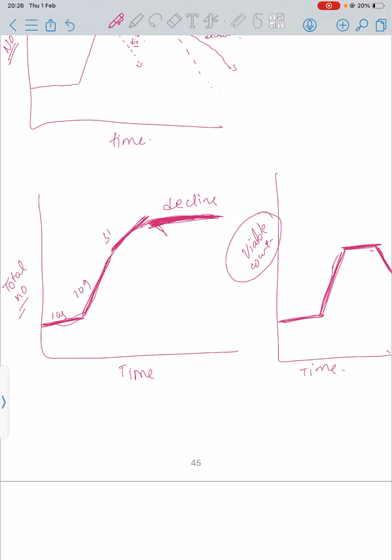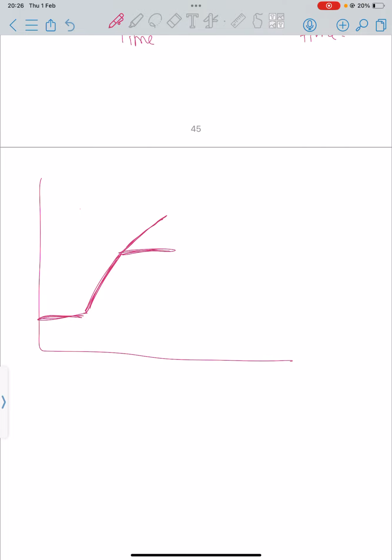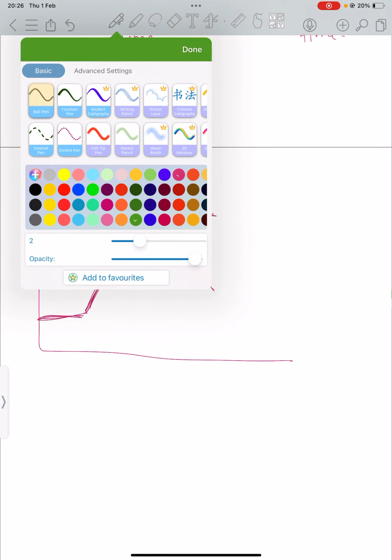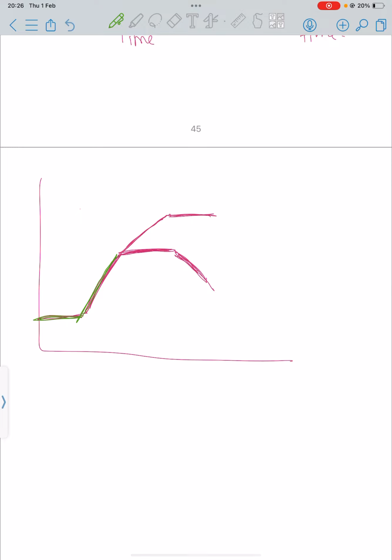So mind you, when I mention the count, it is always the viable count, not the total count. If I draw both the viable and total count, this is lag phase, then log phase, then the total count will be like this, the viable count will be like this, then this is decline phase. I hope you understand this. You understand why the total count increases?